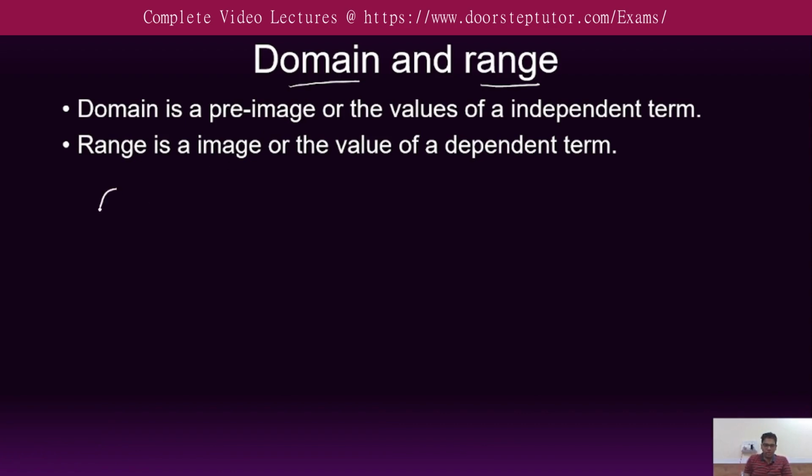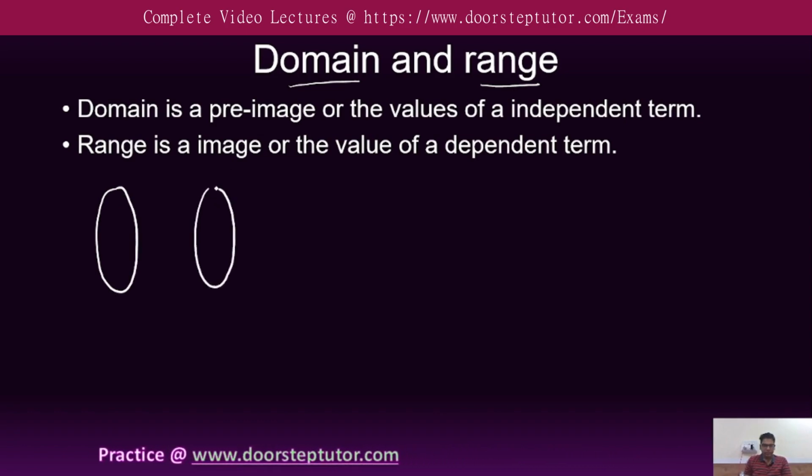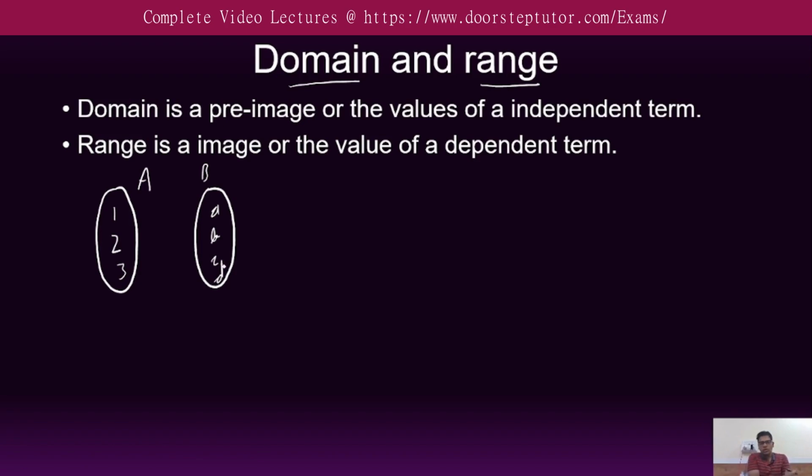If you take an example, let this be your set A and this be your set B. Here we have 1, 2, 3 and here we have A, B, C and D. So if 1 gives you A, 2 gives you B, 3 gives you C, then here the set A is the domain.